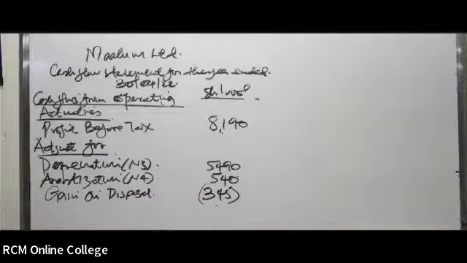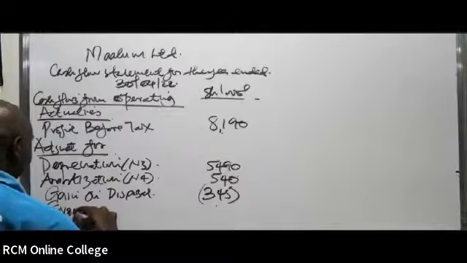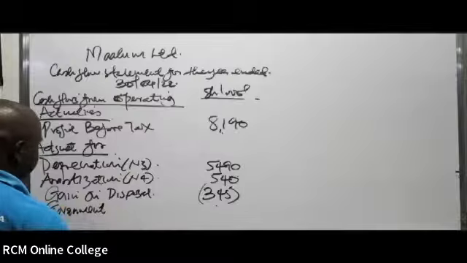Also, we have depreciation, amortization, gain on disposal. Then you also have the government grant income. This government grant income was not a real inflow of cash. It's just a grant the government had provided to this entity.